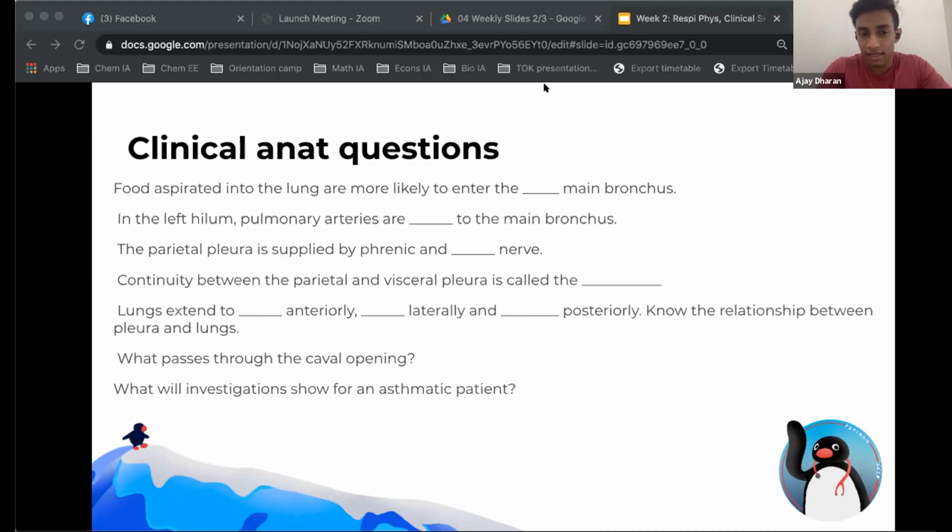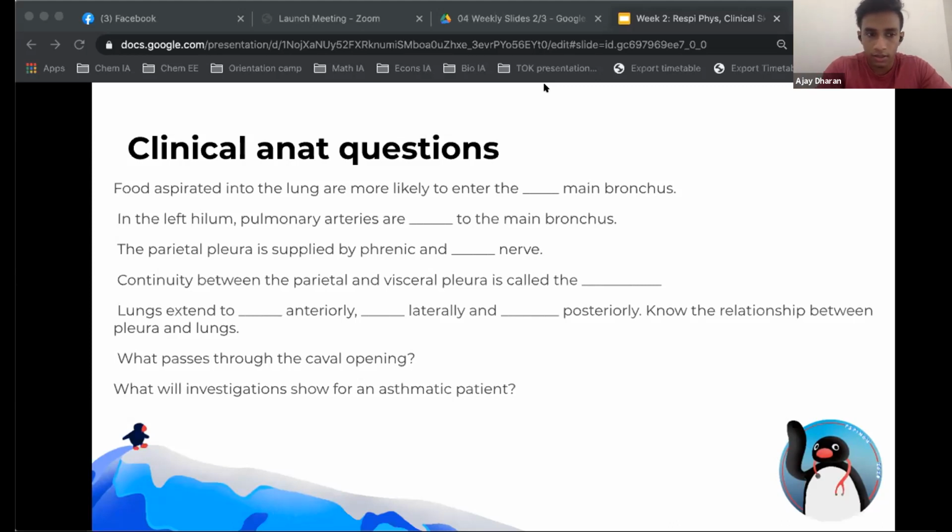Someone said anterior, so close, but you've got to remember your acronym. RALS: right is anterior, left is superior, and this is your arteries in relation to your bronchus. So in your left, your arteries are going to be superior to your main bronchus.